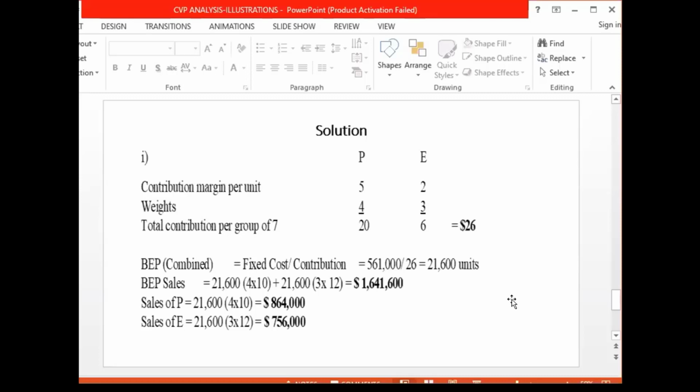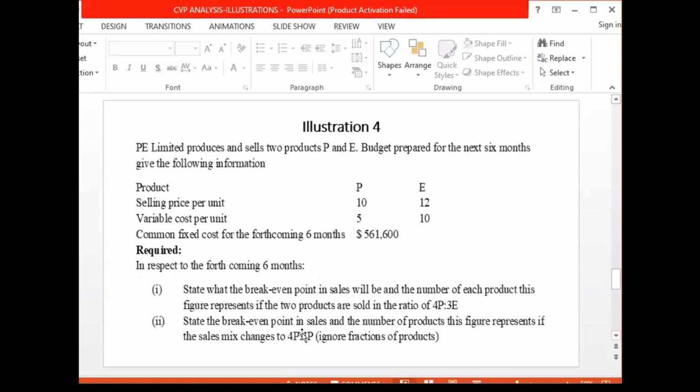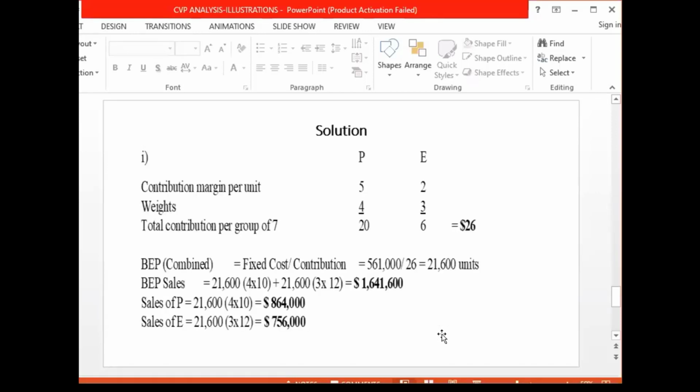Any question? State the break-even point in sales and the number of products this figure represents if the sales mix changes to 4 to 4.